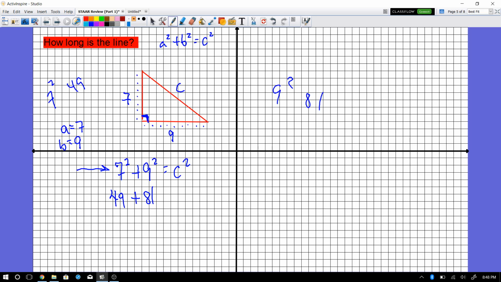Pretty sure. 49 plus 81, 130. All right, just wanted to check. So that's 130 equals c squared. This is where you would say, so I'd square root it, right? Yeah. C equals the square root of 130.